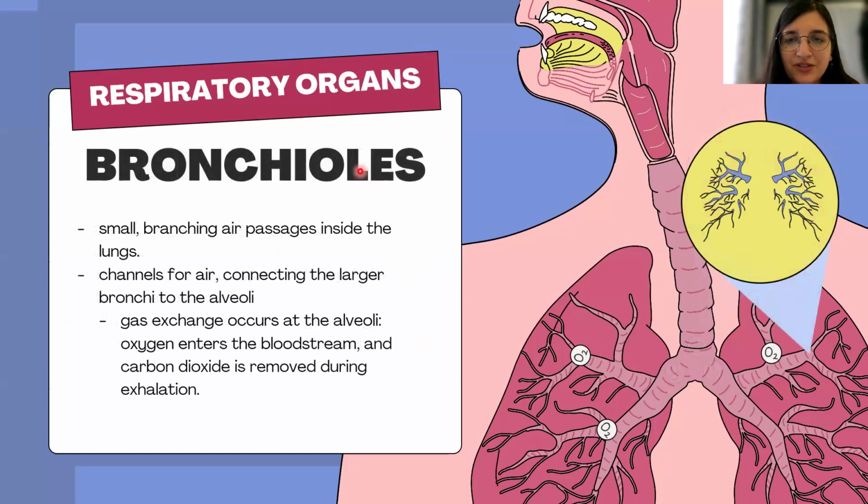Next, the bronchioles. Bronchioles are zoomed in here again, and this yellow part represents the zoomed-in structure. These are the bronchioles. Bronchioles are like baby bronchi, so there are lots and lots of them. They are the passages that actually take the oxygen to the alveoli.